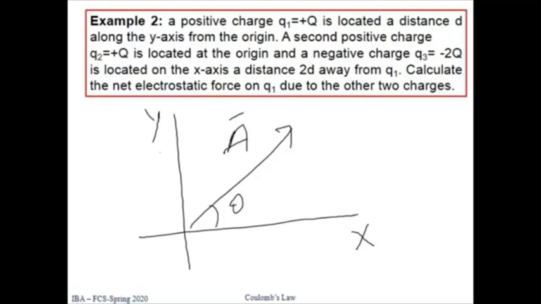And what would be the two components of this vector? Let me draw here. This is one component, which is the vertical component, and another is the horizontal component. The vertical component is called AY, and the horizontal component is represented as AX. Okay, now let's move to solve this problem.